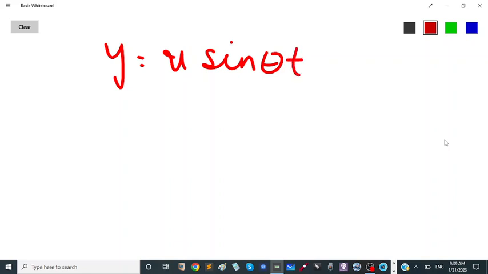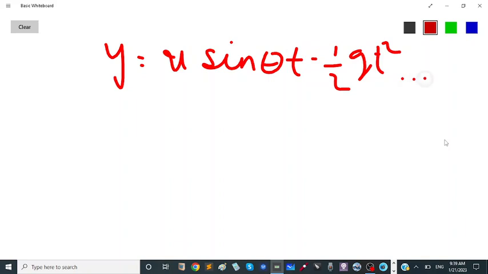Now, once we have written this and shown this, we can proceed by substituting the value of y again. Instead of Uy, we can write U sin theta from 4, as I've shown you, minus half g t square.